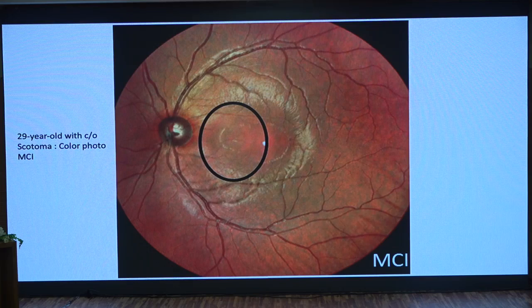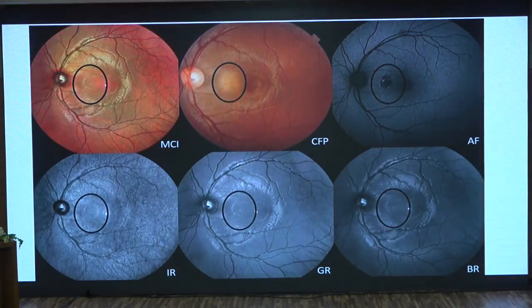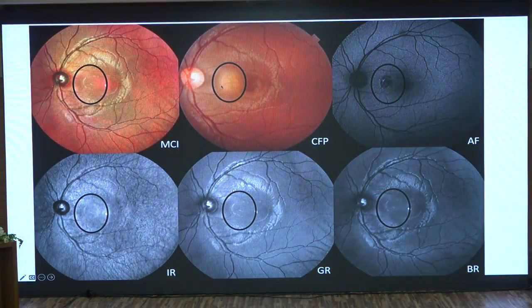Well, there is something, what do I do? If you ask me, I think this photo looks normal. Though I have circled the area of interest, still I can't see much. But when you move on to the conventional, you see this is the true color photo, which shows a granuloma sitting out there.